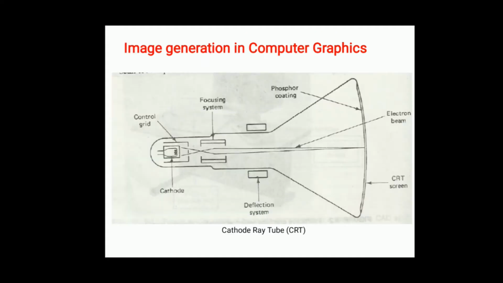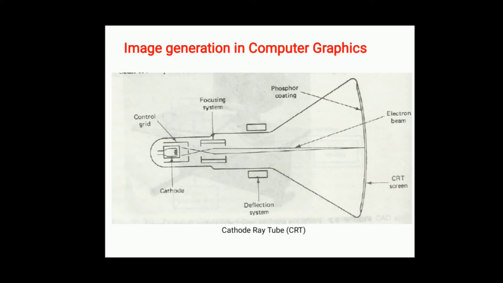Now you can see this is the image generation process in computer graphics using the cathode ray tube. By using this cathode ray tube, we create the image in computer graphics. This is one of the methods to generate the image from the given input file.